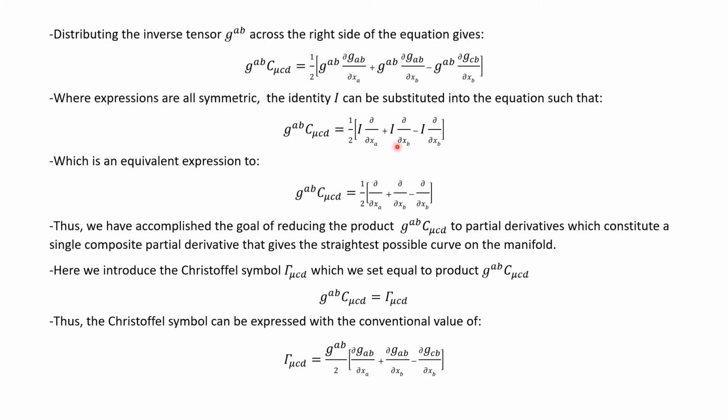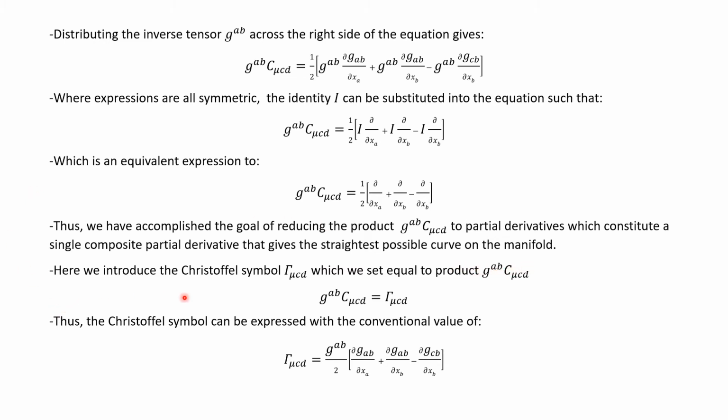So we see the identity being substituted as a result of multiplying the inverse tensor to the metric tensor up here, and they all disappear and are replaced with the identity matrix, which is equivalent to the expression as we see here. Thus, we have accomplished the goal of reducing the product of this to the partial derivatives which constitute a single composite partial derivative that gives the straightest possible curve on the manifold.